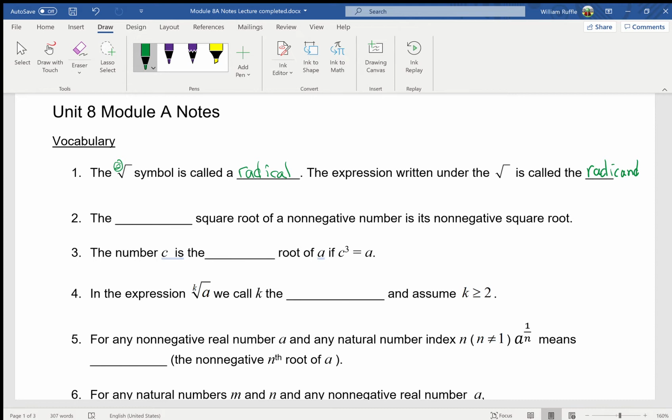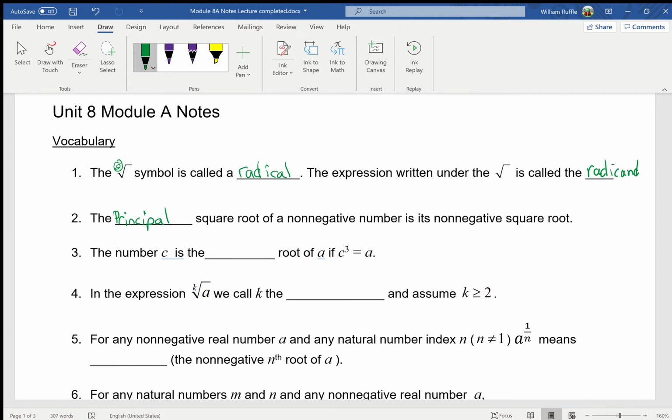All right, so now the next one is the principal. Oh, sorry, I misspelled that. The principal square root of a non-negative number is its non-negative square root. And we'll talk about that more again.